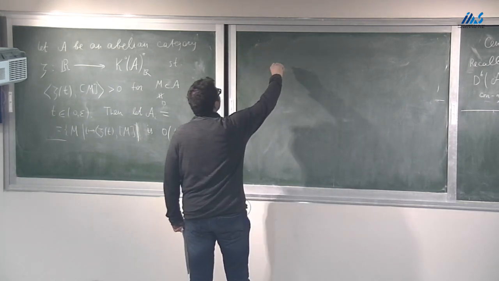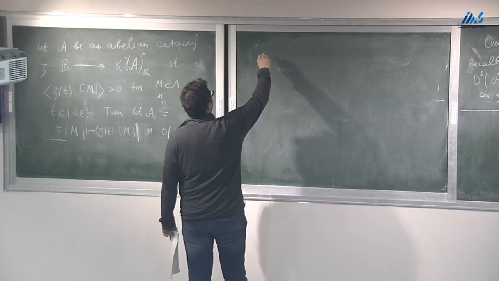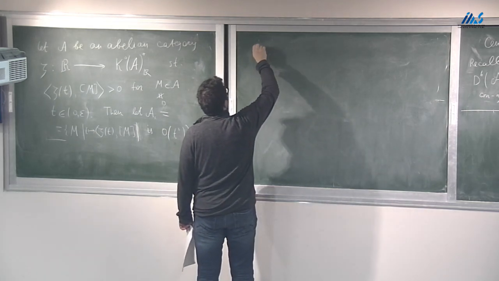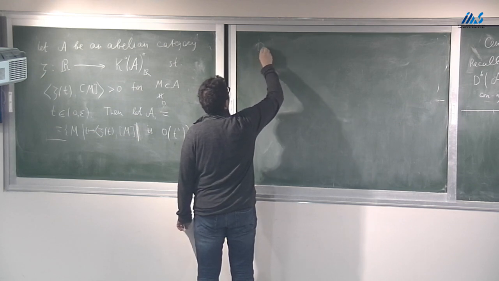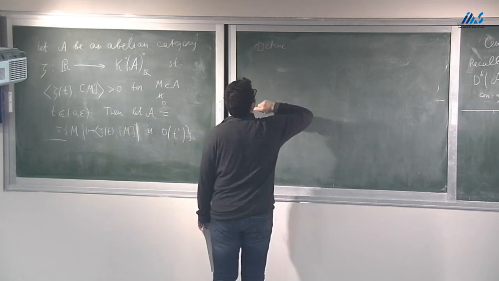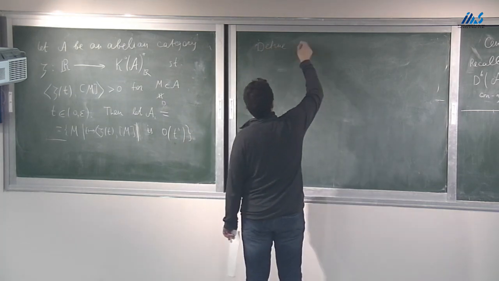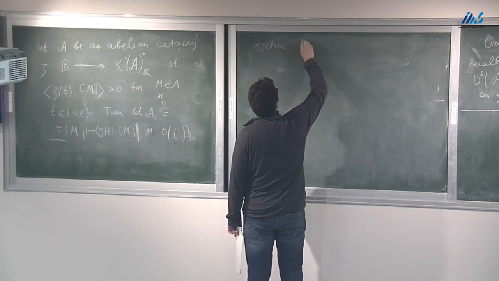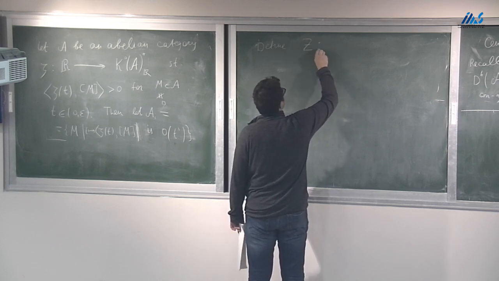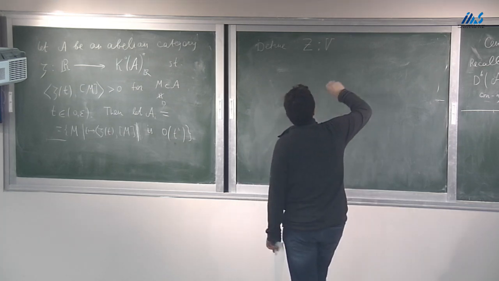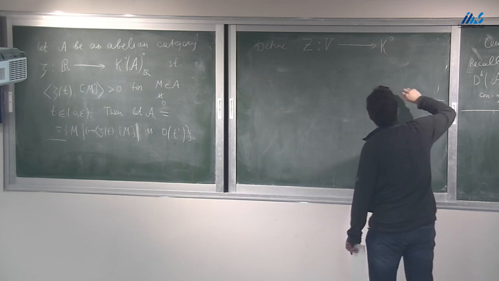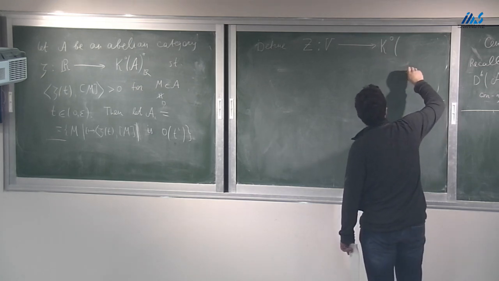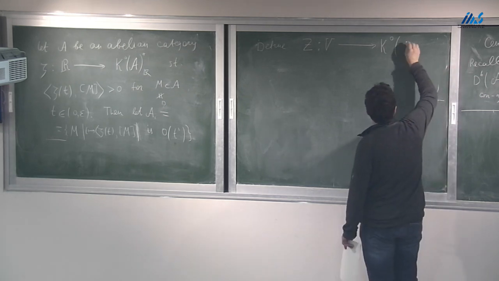And for this, I need to introduce the central charge. So define the polynomial map Z from our space V to K naught of our category.